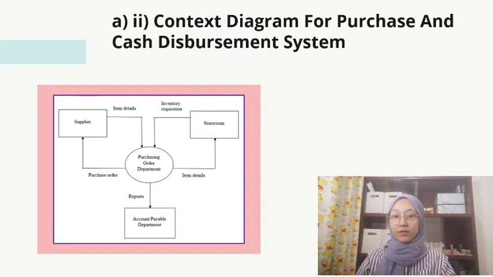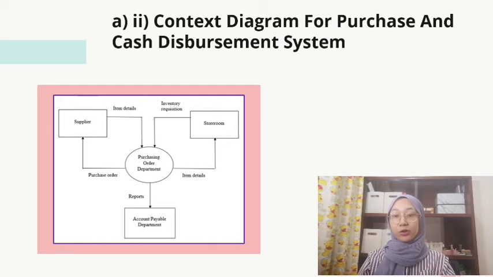The first copy of the purchase order is sent to the supplier and the last copy of the purchase order is filed in the purchase order file by the supplier's name. Next, the first copy of the receiving report together with the goods is sent to the storeroom and the second copy of the receiving report is sent to the account payable department.